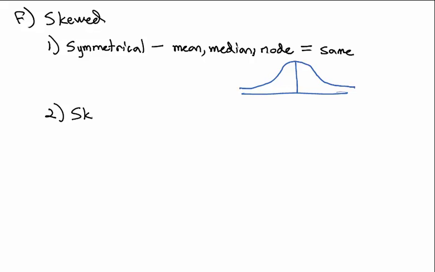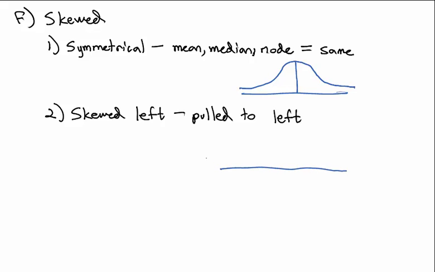Now, usually it's going to be skewed. Skewed left means we have pulled extra data to the left. Something that is skewed left is going to have a look like this. Notice the extra data on the left side.